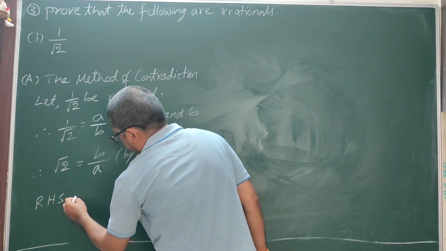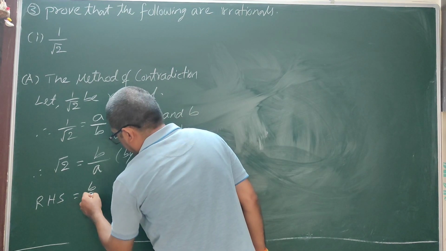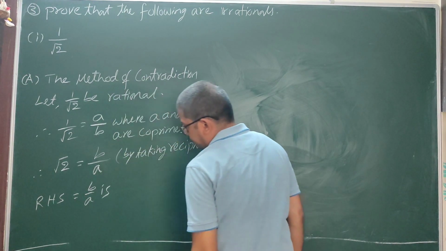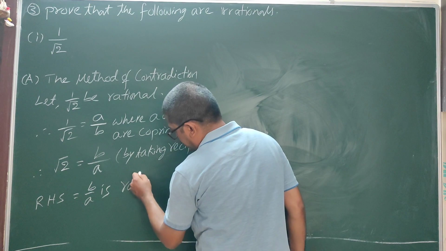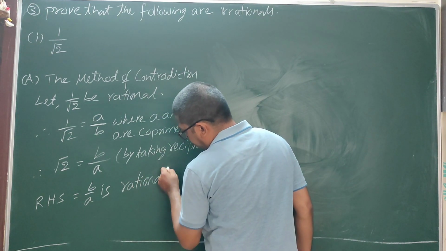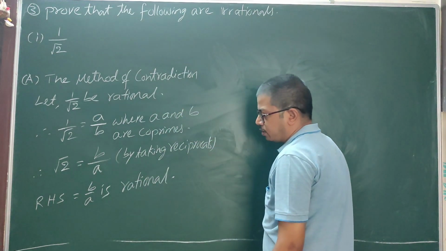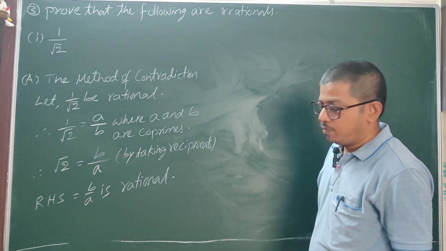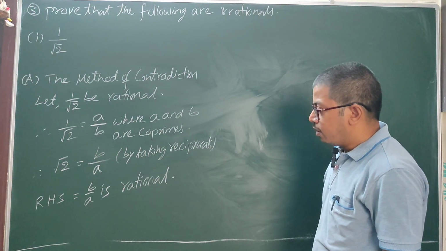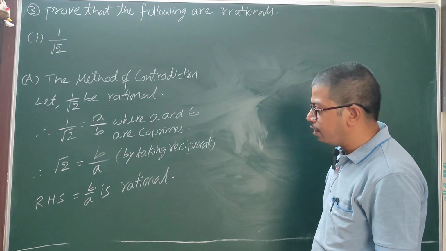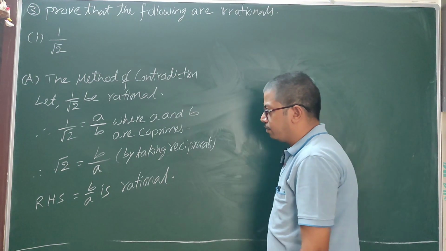RHS equal to B by A is rational because A and B are co-primes, so automatically the RHS part is rational.